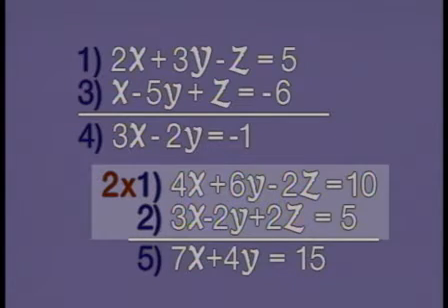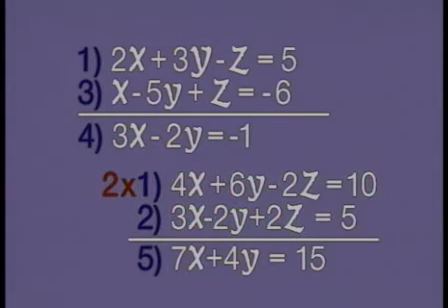You pick the one you like, but on this particular visual, we decided to use this, showing the equation number and showing that we're multiplying by 2. So we add those two equations, and in the last line, which is highlighted on your visual, you see that we get equation number 5, which is 7x plus 4y equals 15.